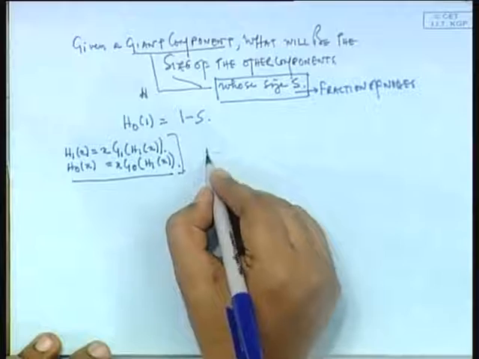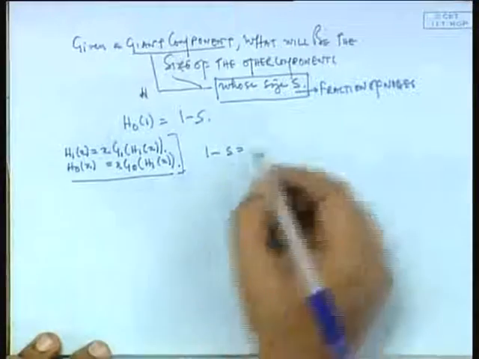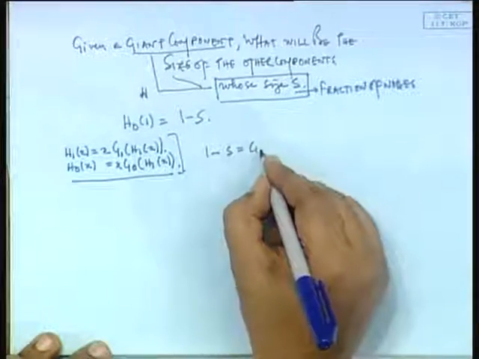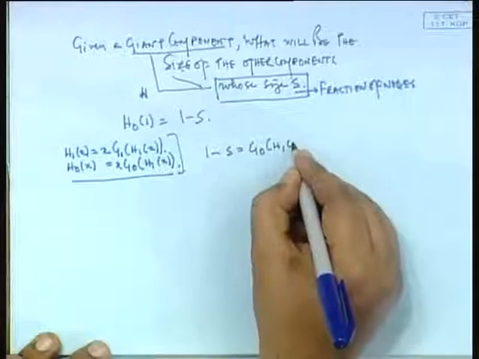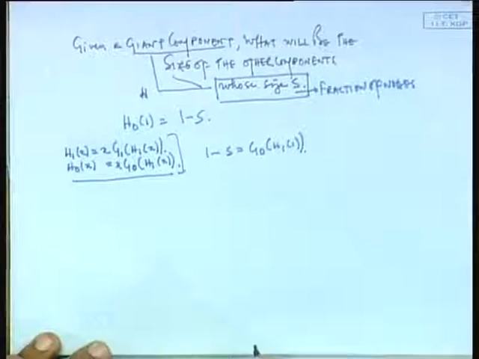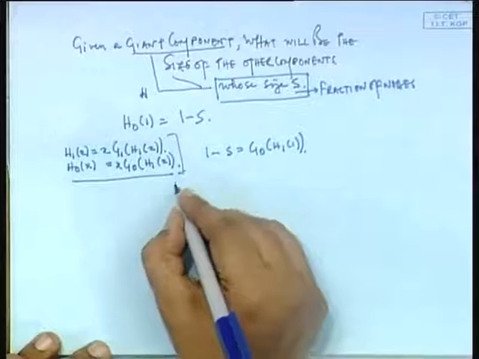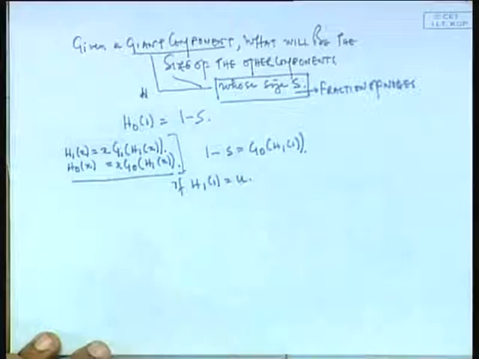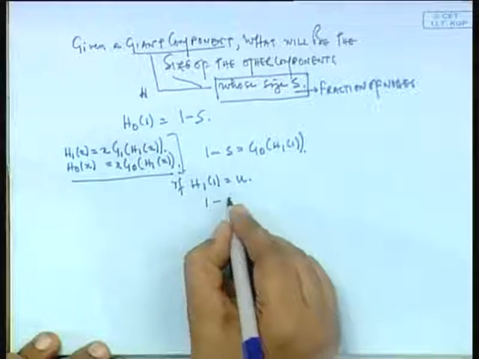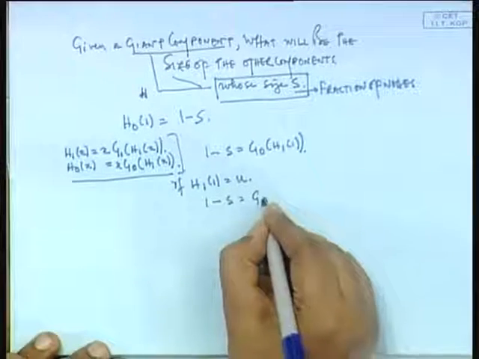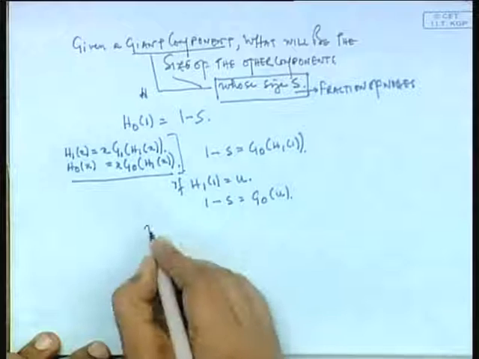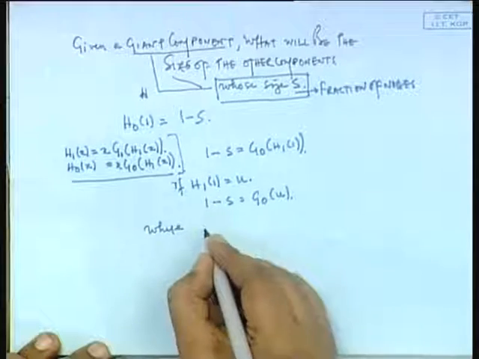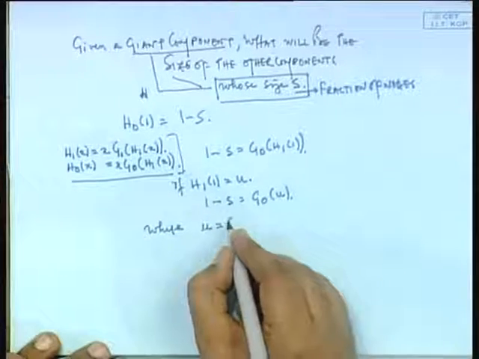So, 1 minus S is equal to G 0 H 1 1. So, if H 1 1 is equal to u, then 1 minus S is G 0 u, where u is equal to G 1 u.